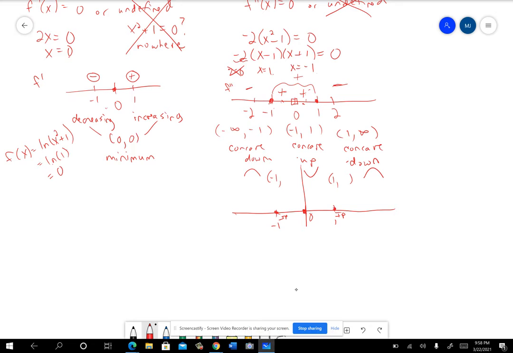Let's plug it into the f function, which is over here. When you plug in -1 and square it, you get 1. So this will be the natural log of 2. Find my ln button of 2, that turns out to be about 0.69. I'll just say 0.7.